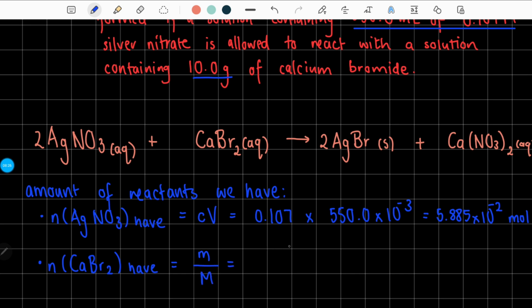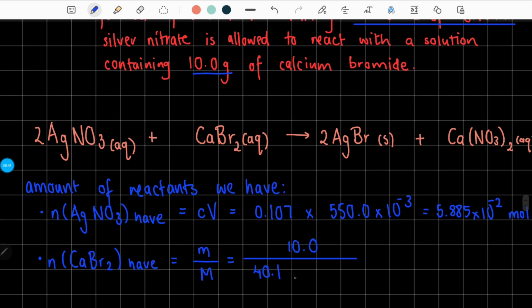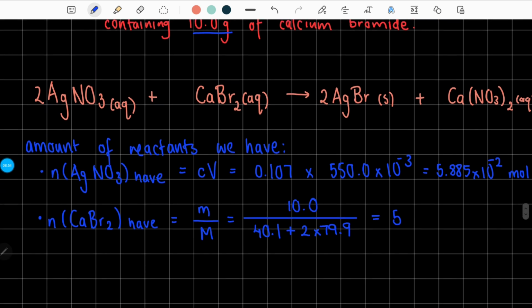So I will have 10.0 divided by, calcium has a molar mass of 40.1 and bromine has a molar mass of 79.9, and I have to multiply that by 2. And I will get an amount of 5.002 times 10 to the negative 2 moles.